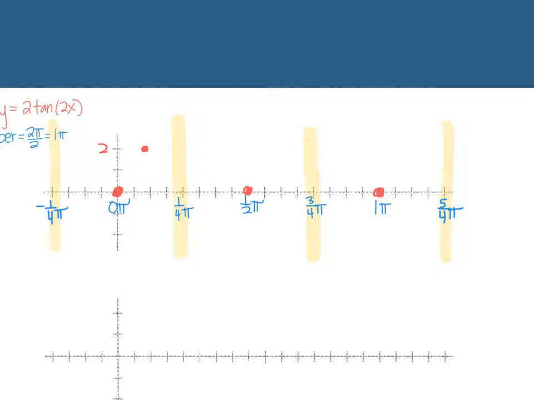So it is to the right of the origin, but before the asymptote. And then there's another one here, and there's another one here. Okay, that's where the amplitude goes. But just like in sine and cosine, there has to be a -1 also. So the -1 goes below on the other side.